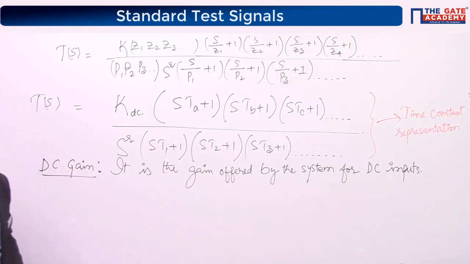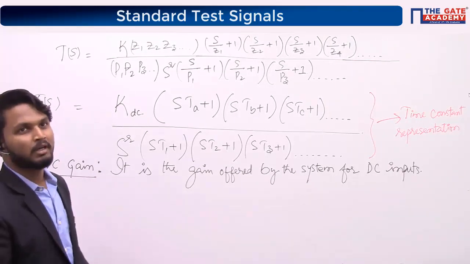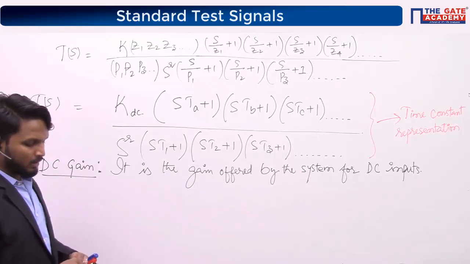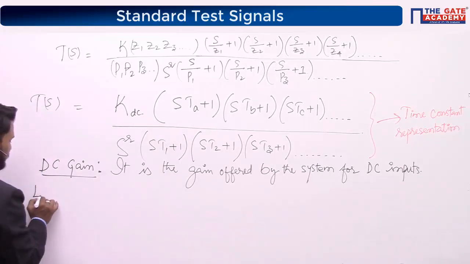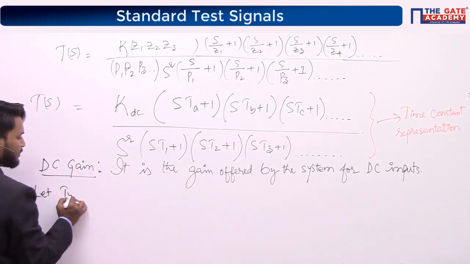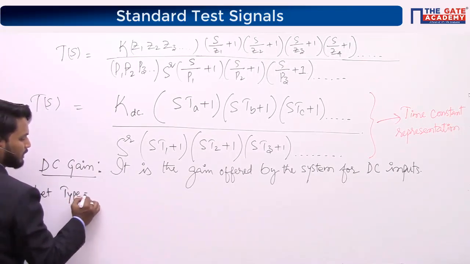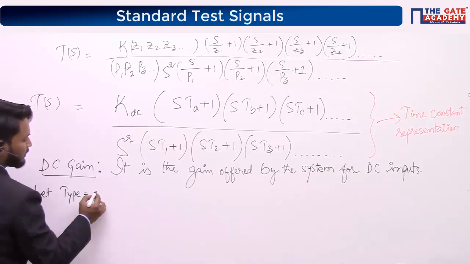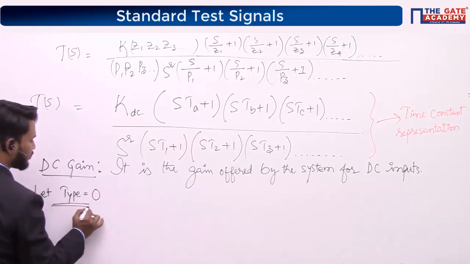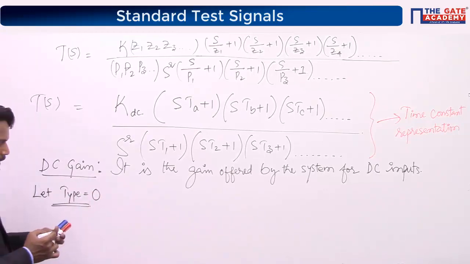What is DC gain? DC gain is the gain offered by the system for DC inputs, right? So let us take the type number of the system to be 0. Let the type number of the system be 0, right?